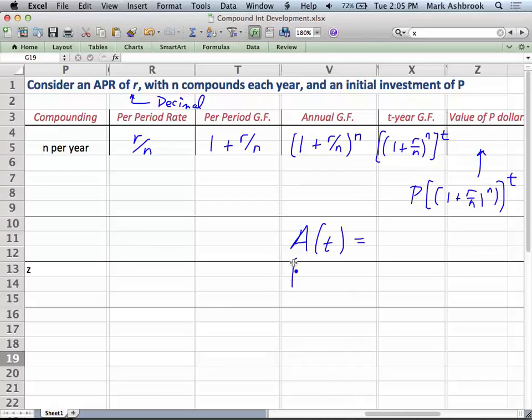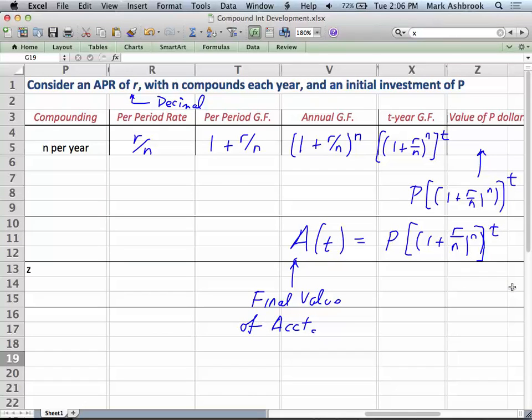So A is the final value, and that's equal to our initial amount, again, same thing. This is called the compound interest formula.